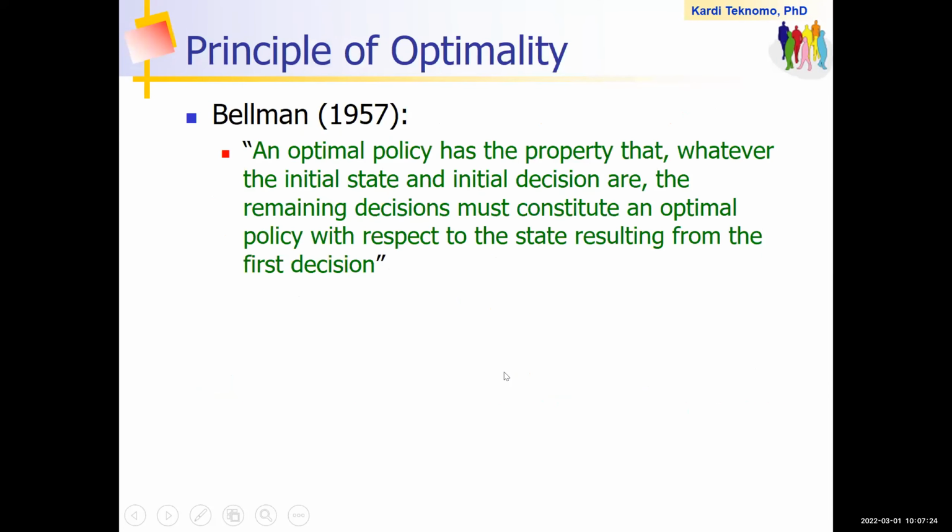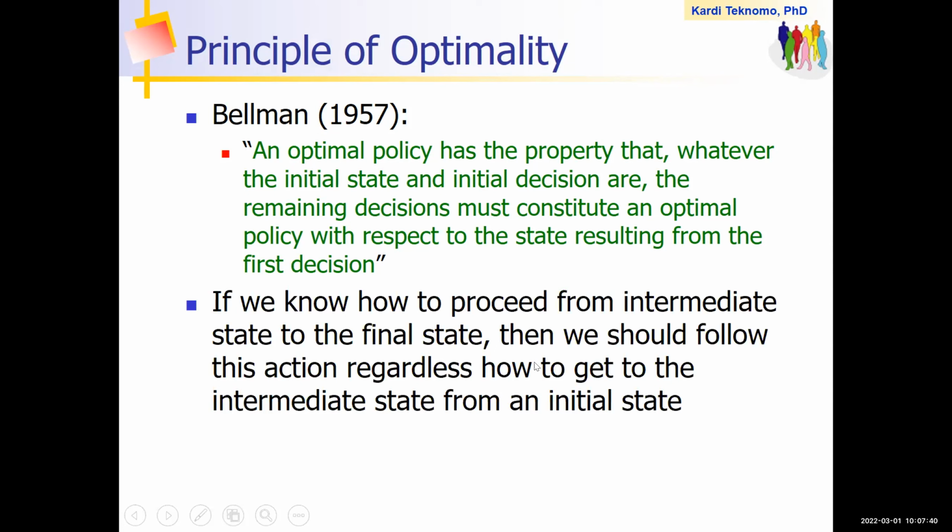So what is the principle of optimality? Bellman in 1957 said that an optimal policy has the property that whatever the initial state and the initial decision are, the remaining decisions must constitute an optimal policy with respect to the state resulting from the first decision.